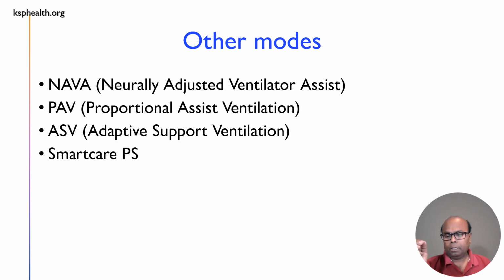The other modes have shown more promise, especially in terms of patient-ventilator asynchrony and also in weaning: modes like NAVA, neurally adjusted ventilator assist, PAV, proportional assist ventilation, ASV, adaptive support ventilation, and SmartCare PS.